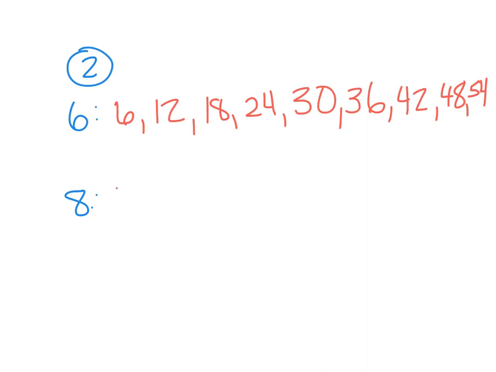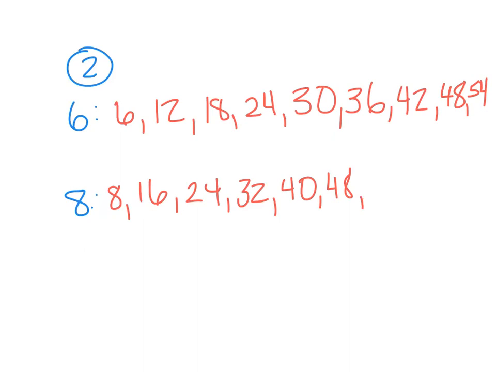Squeeze that in. All right, multiples of 8. Ooh, we're going to test me here. 8 times 1 is 8. 8 times 2 is 16. 8 times 3 is 24. 8 times 4 is 32. 8 times 5, 40. 8 times 6, 48. 8 times 7 is 56. And 8 times 8 is 64. Have we got to 10 yet? 1, 2, 3, 4, 8. 2 more. 8 times 9, 72.